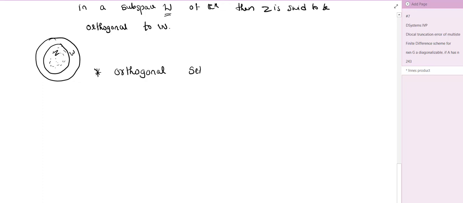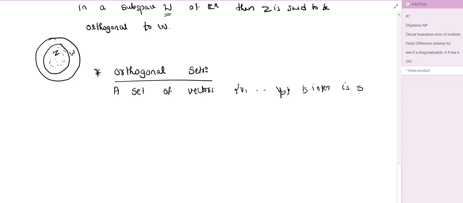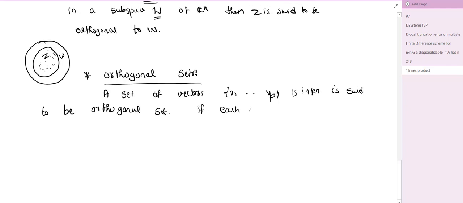So if we have a collection, let's say a set of vectors v1 up to vp in Rn, this collection is called an orthogonal set if each pair of distinct vectors from the set is orthogonal.